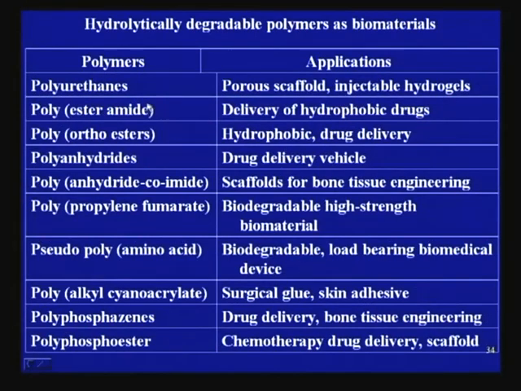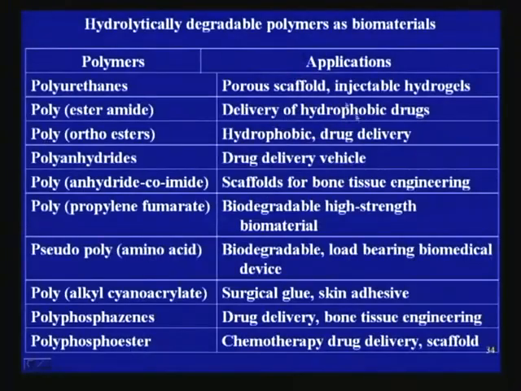Few more, these are hydrolytically degradable polymers: polyurethanes, polyester amide, polyorthoesters, polyanhydrides, polyanhydride coimide, polypropylene fumarate, pseudopolyamino acid, polyalkyl cyanoacrylate, polyphosphazenes, polyphosphoesters. If you have this literature with you, here is a list of polymers available for so and so applications.